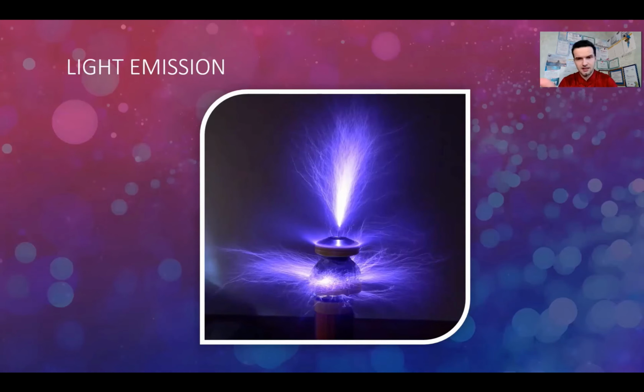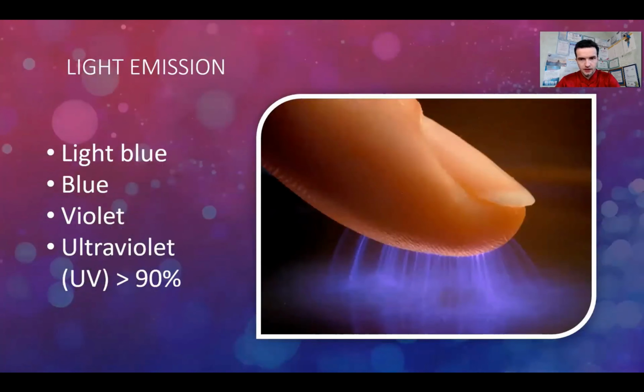It's the same spectrum that you see on this picture. Light blue, blue, violet, and the high intensity is seen by us as just white color. As long as we are not applying so much electricity, and I mean the voltage is not as big as it's used for different Tesla coil devices.